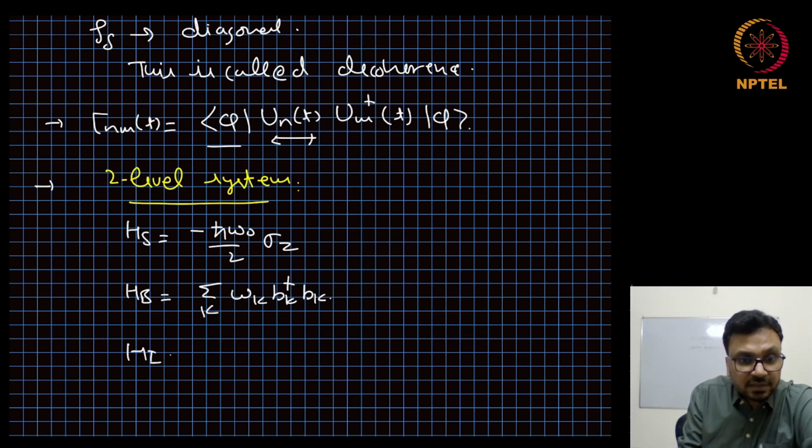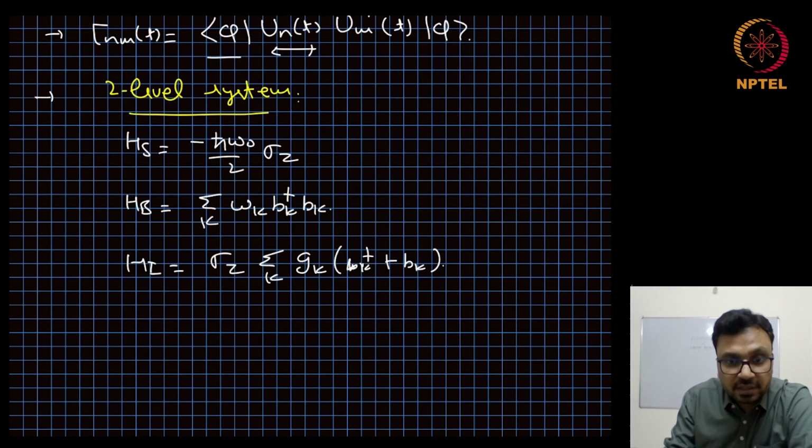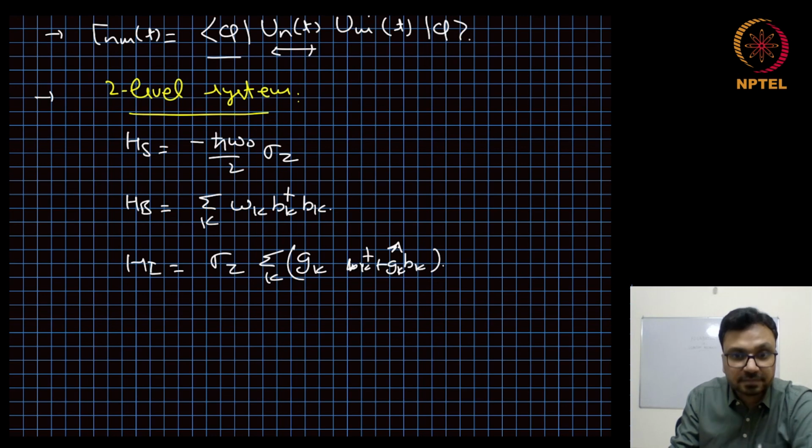The interaction Hamiltonian can be written as σ_z sum over k of g_k b_k† plus b_k. Actually g_k can be complex also, so we can put g_k* here. H_s acting on |0⟩ will be minus ħω₀/2 |0⟩. ħ is 1, so we can put ħ to be 1 to be consistent.